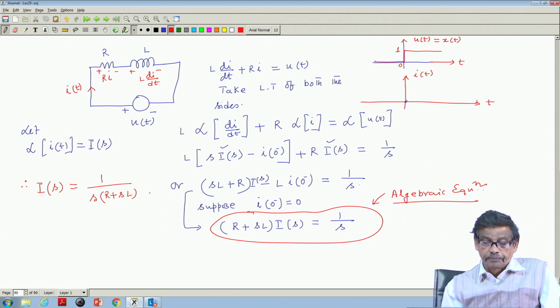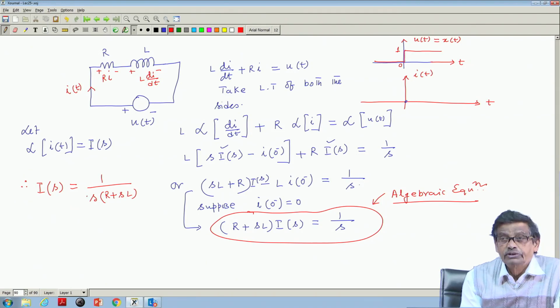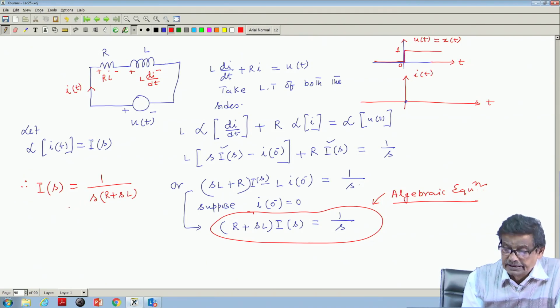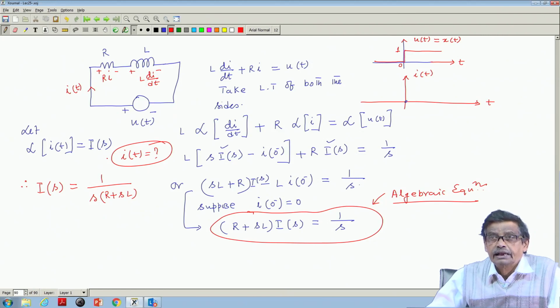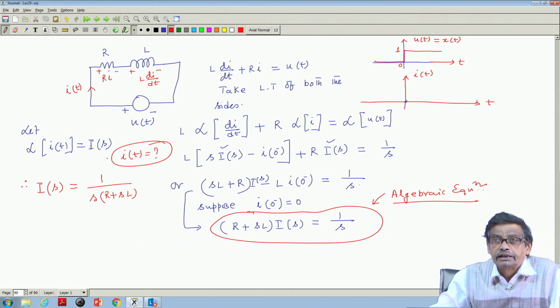That will be the thing. Then of course, my goal is to find out i(t). What is i(t)? That is my final goal. In real time, what will be the value of the current when such a voltage has been applied across a series RL combination.